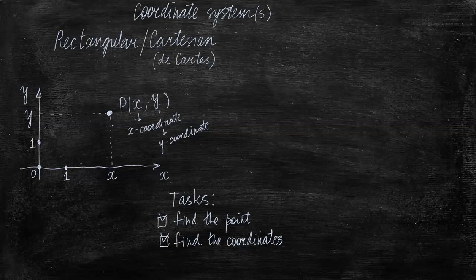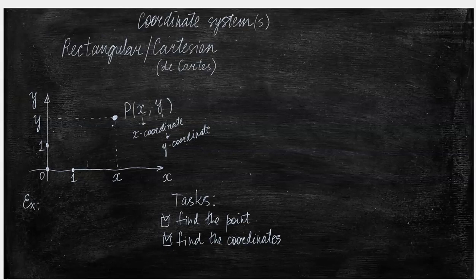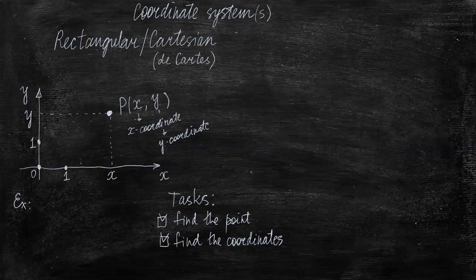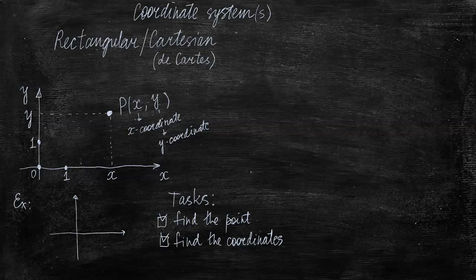For example, if I ask you to identify the point with coordinates (4, -1), we should be able to do that by drawing the x and y coordinate axes, measuring 4 units along the x-axis, then 1 unit down vertically, and this is the point that we say has coordinates (4, -1).